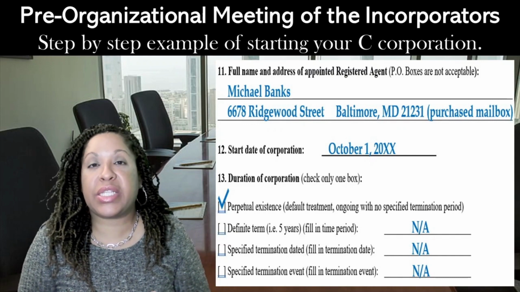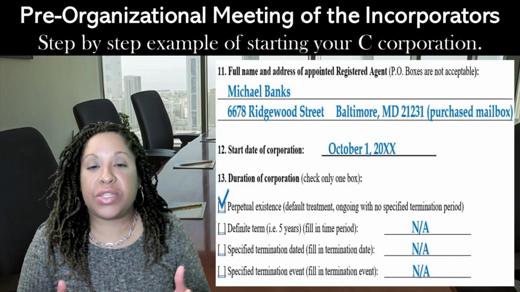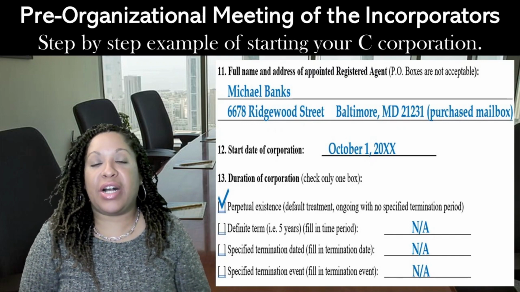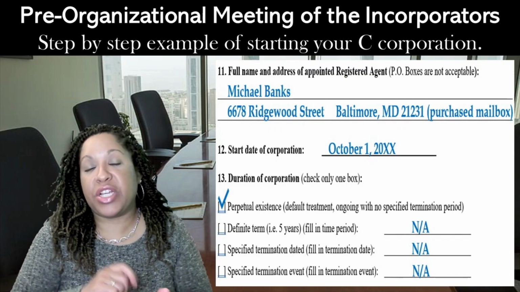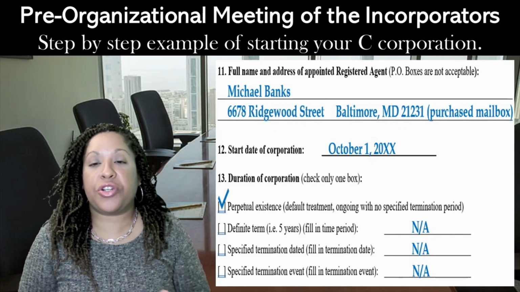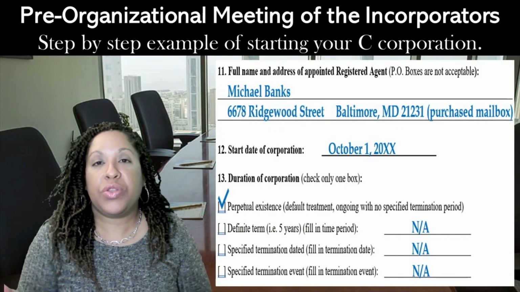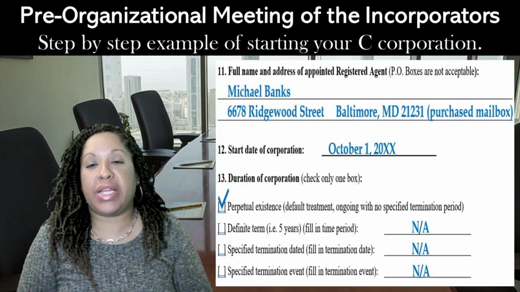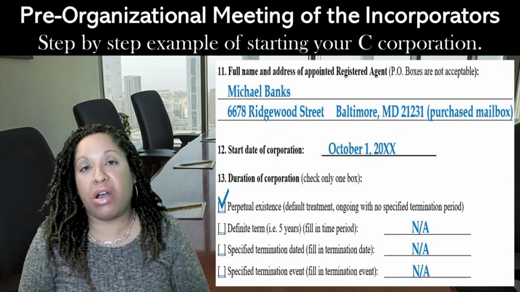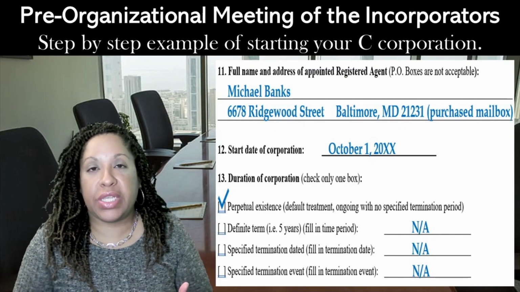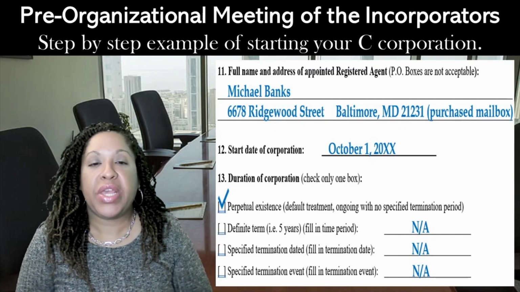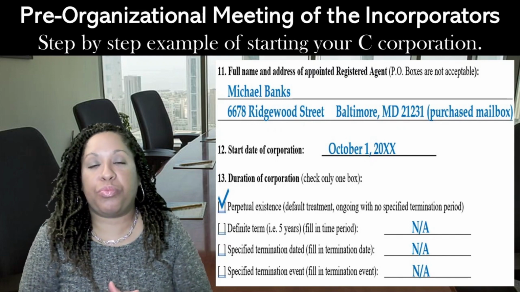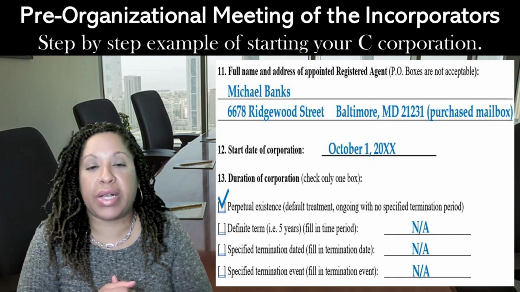It's not a PO box because generally you can't serve certain paperwork to a PO box, since you'll need a physical signature. So at least a mailbox, maybe at FedEx or UPS, where people are physically there and can sign off and confirm that they've received certain mail that requires signature. But again, Michael Banks will be the registered agent, and they're going to put down their purchased mailbox since it's a home-based business.